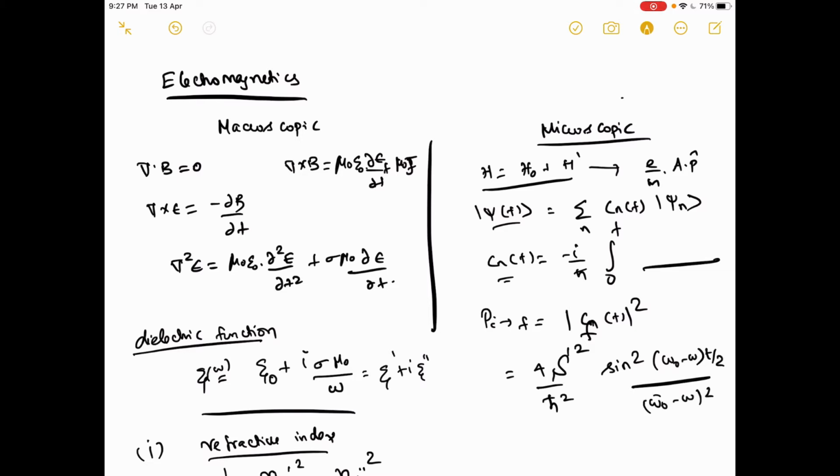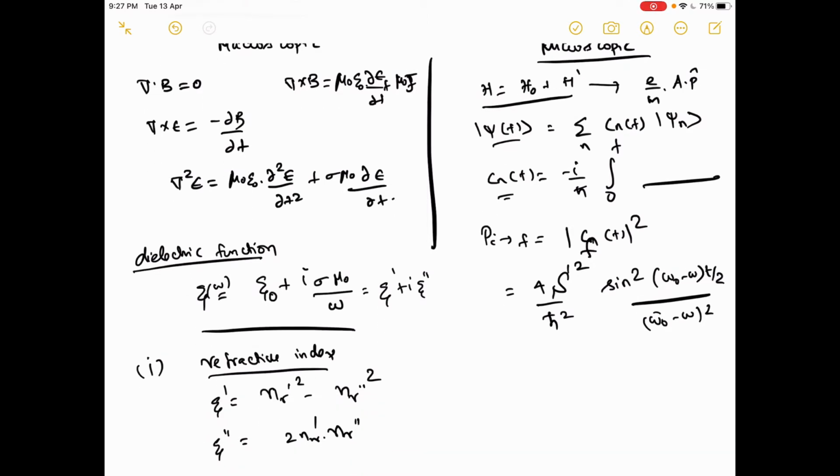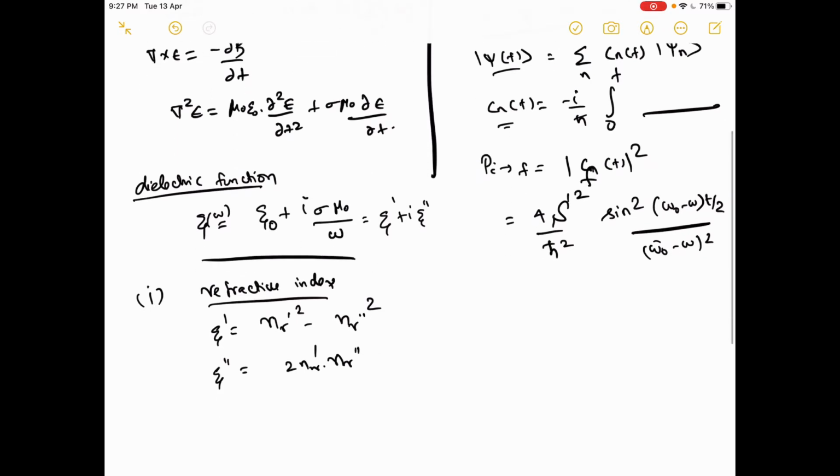So this is sinc square. Sinc square, as we saw previously, as t tends to infinity can be represented by a delta function, and this equation gives you the energy conservation in a scattering problem.